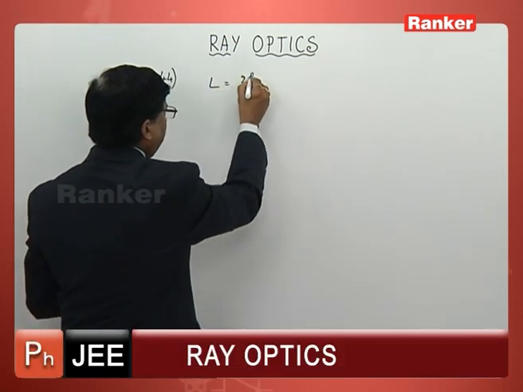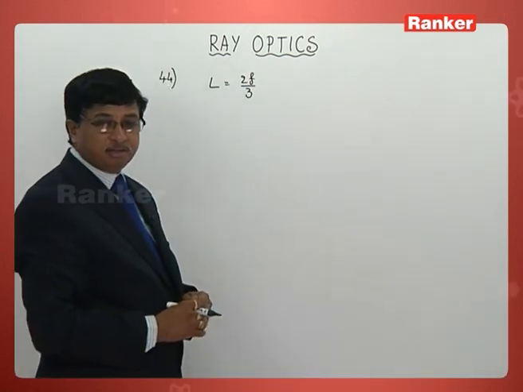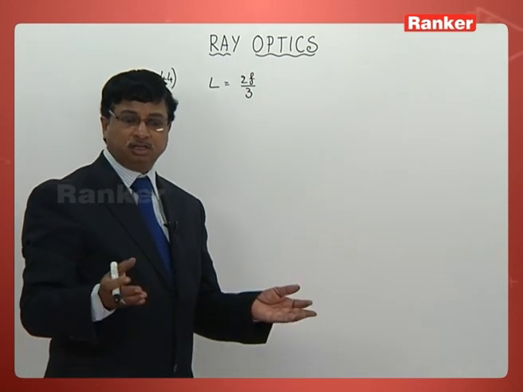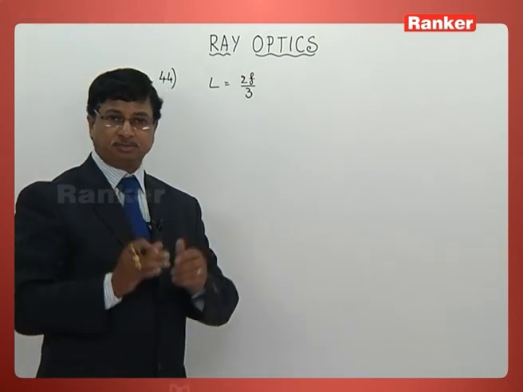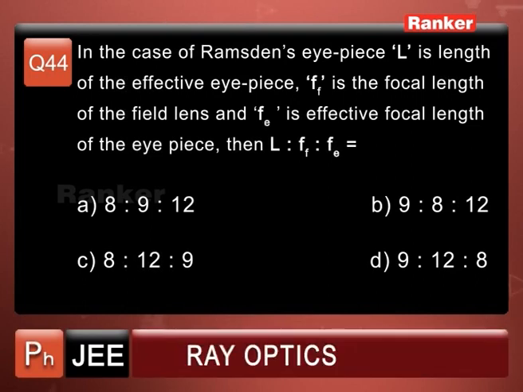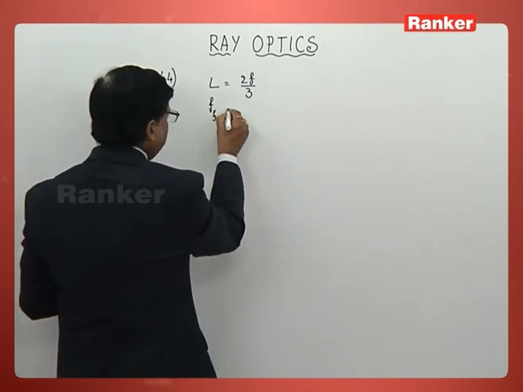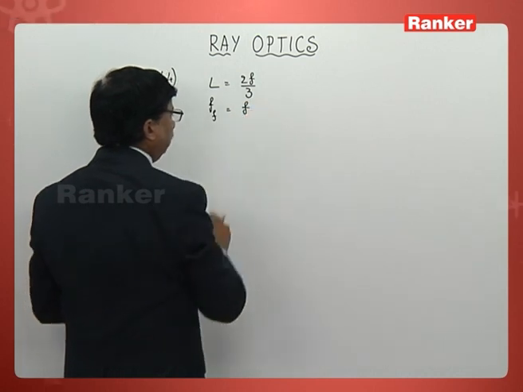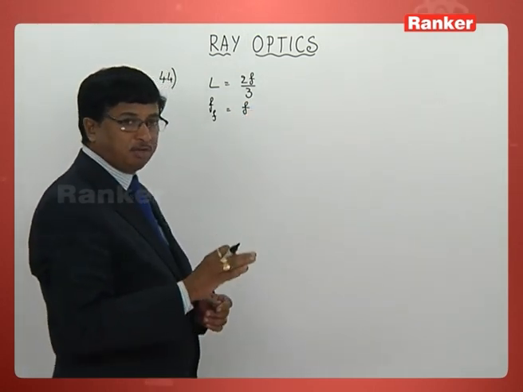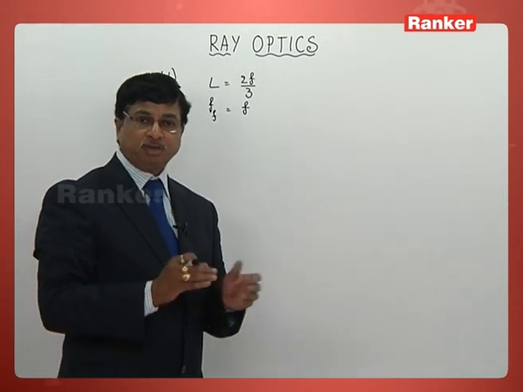So what is this value of L he is giving us? It is simply 2f by 3. That is the effective length of the eyepiece. Length is nothing other than the distance of separation between the lenses. Now come to the next one. FF is the focal length of the field lens, and FE is the effective focal length of the eyepiece. You know pretty well that in the case of Ramsden's eyepiece, the field lens and eye lens both will have the same focal length, F each.